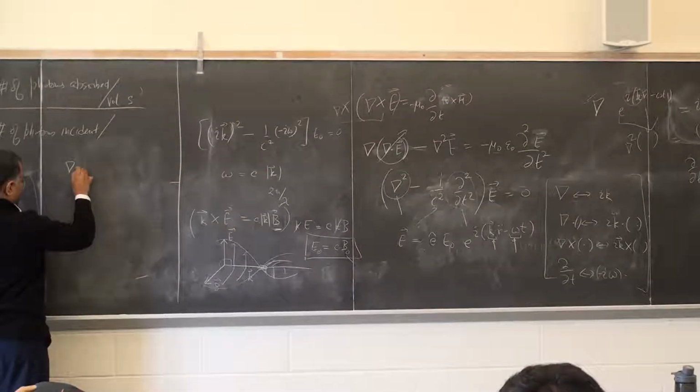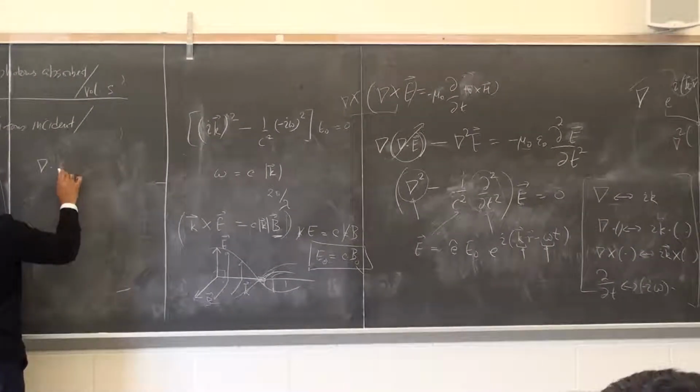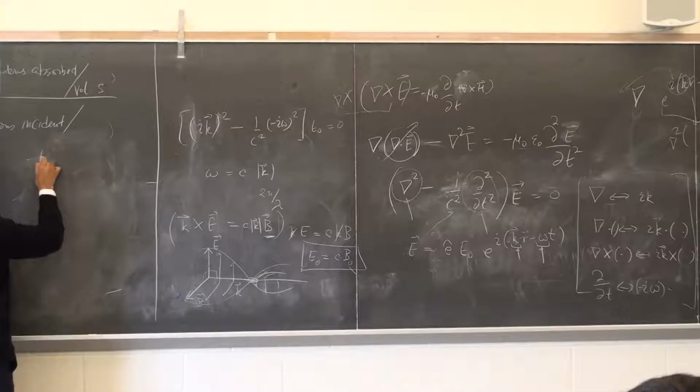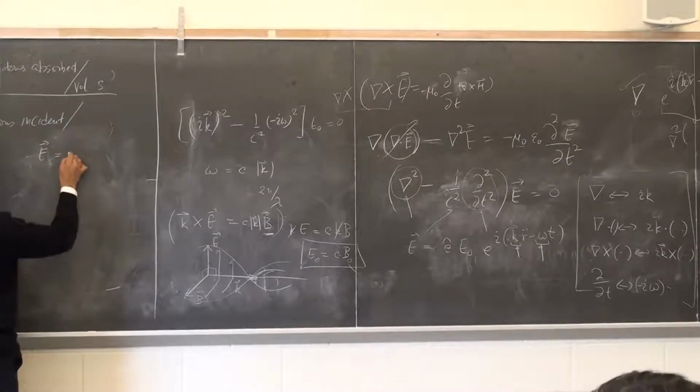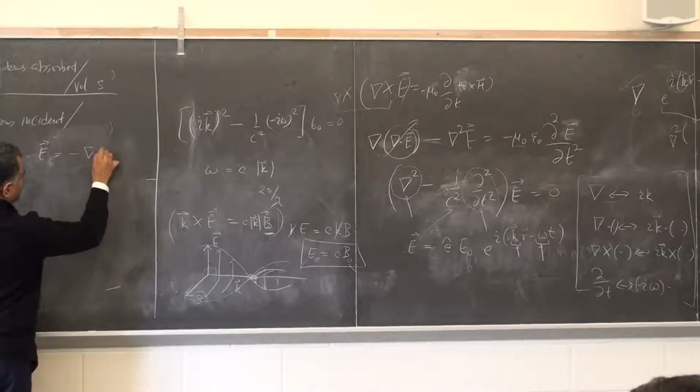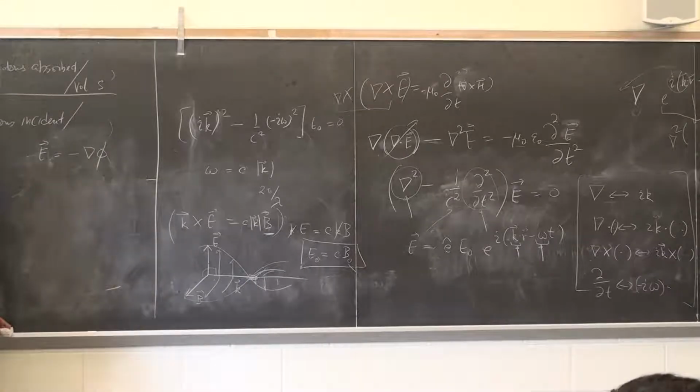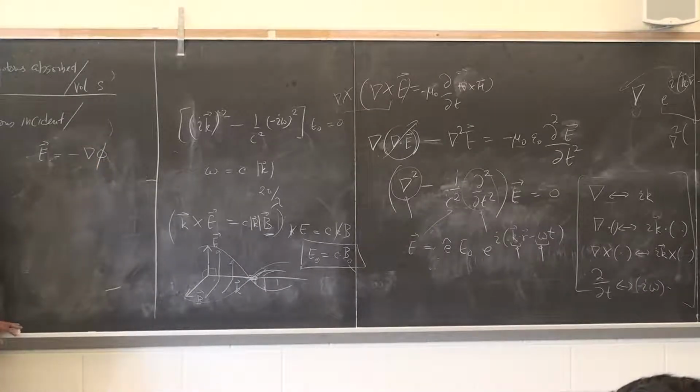We know that if I have an electric field, I can write it as negative the gradient of a scalar potential, which is what we call the voltage, or the potential, right?